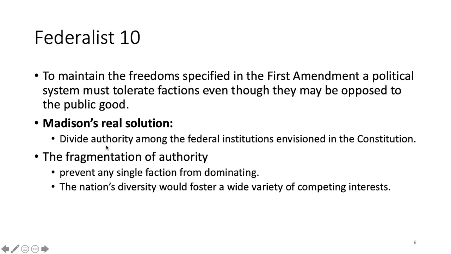So Madison's solution here to preventing factions and the tyranny of the majority was to divide authority up between federal institutions envisioned in the Constitution. That includes our federal system. And the fragmentation of this government authority, whether it's within the federal government or between the state and the federal government, would prevent any single faction from dominating government. So the nation's diversity would essentially foster this big competing interest.